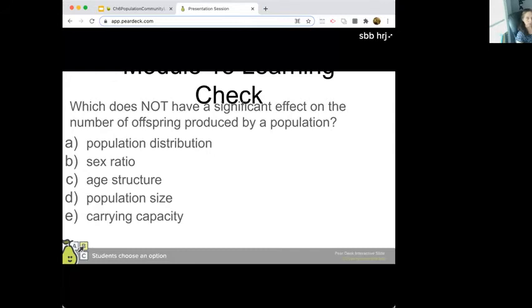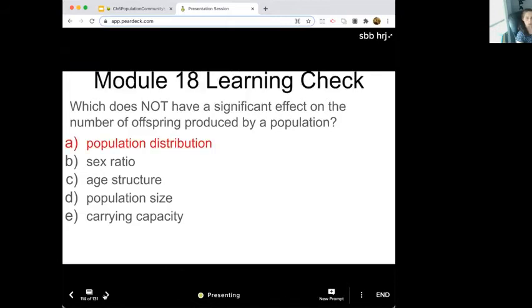Okay, got everybody. So just because you are distributed in a clumped pattern versus even is really not going to change whether you actually have offspring. It doesn't really matter how you're distributed as a group. That's not going to change your number of offspring necessarily compared to all the others.